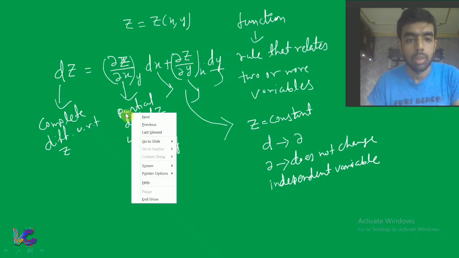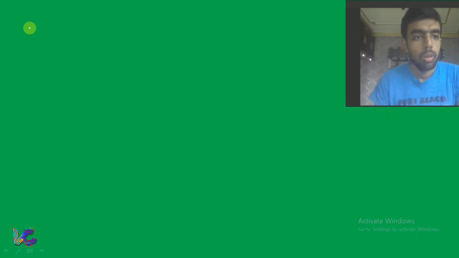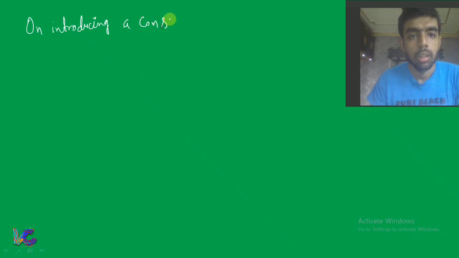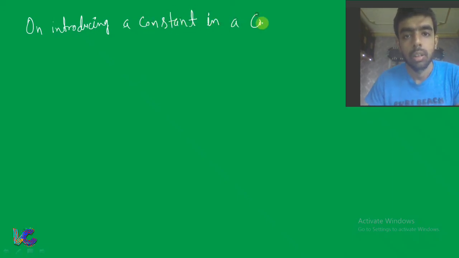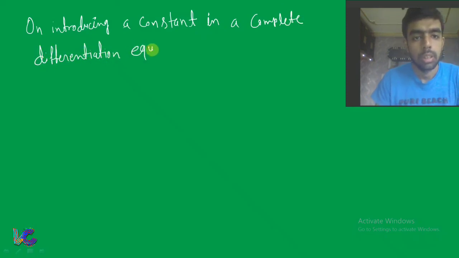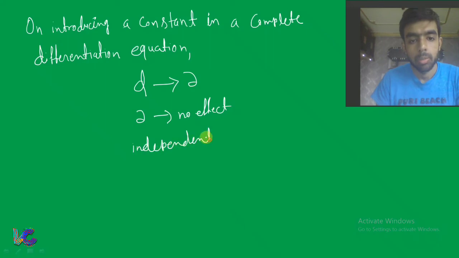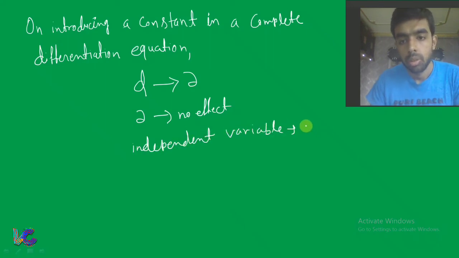So on introducing a constant in a complete differentiation equation, the complete differentiation changes into partial differentiation, with no effect on partial differentiation and no effect on the independent variable.